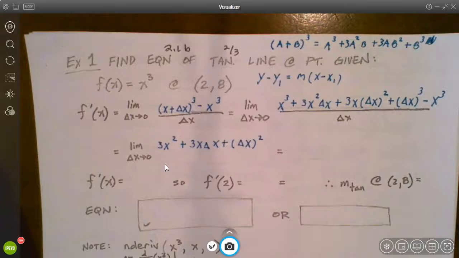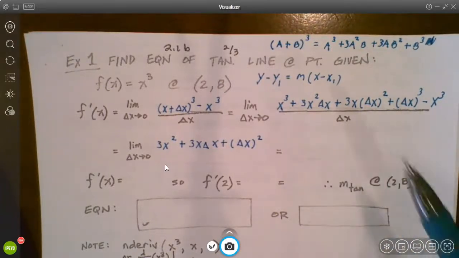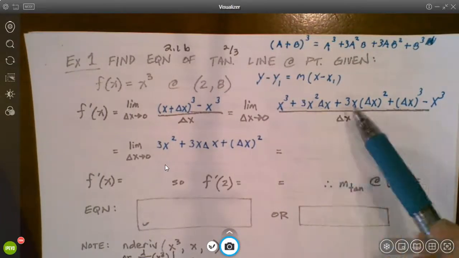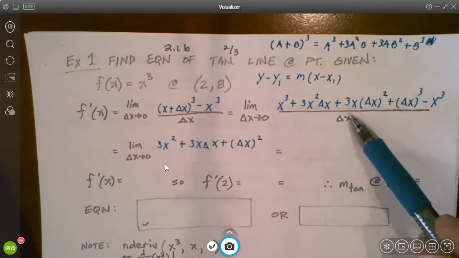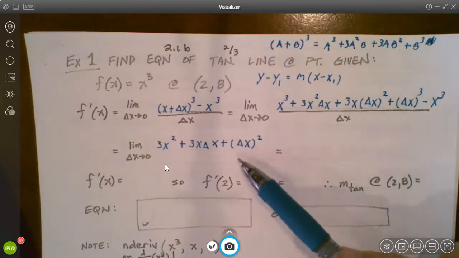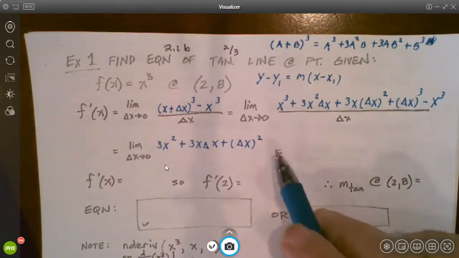And again, just a reminder on where all that's coming from. Those x to the thirds canceled. Everything else I was left with all had a delta x in it. And so because of that, I just divided everything by delta x to get this next line that you see right here. So that's what we got right there.